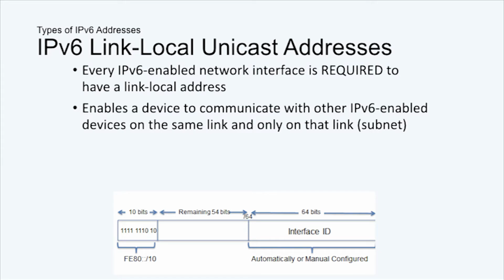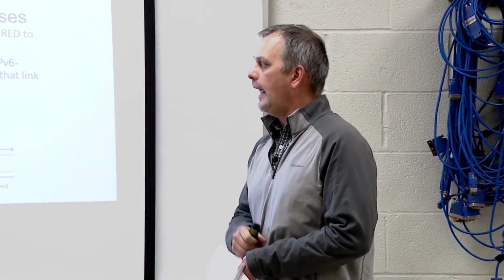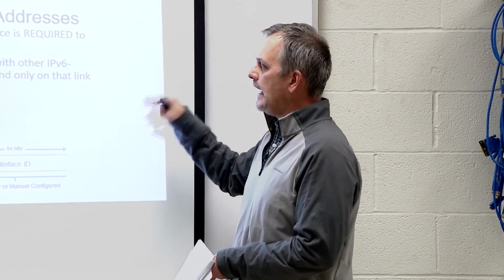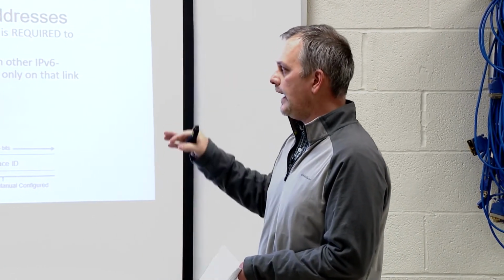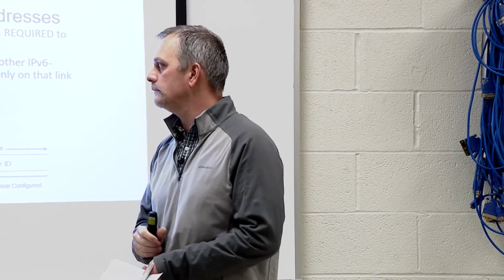When it comes specifically to link local unicast addresses, every IPv6 interface has to have a link local unicast address. And again, this merely enables the device to communicate with any other IPv6 device on the same link.